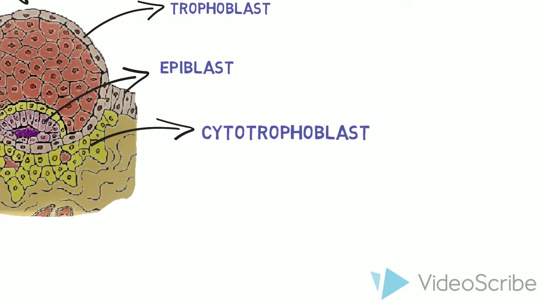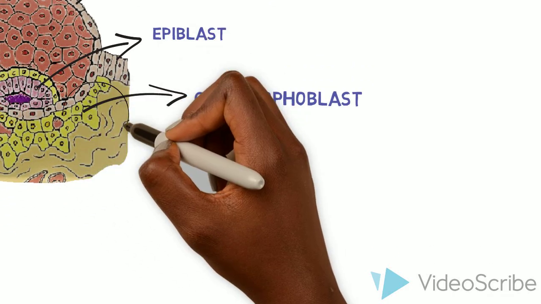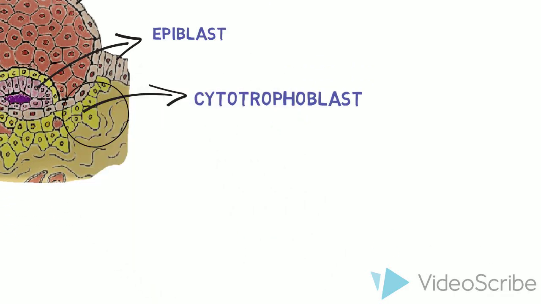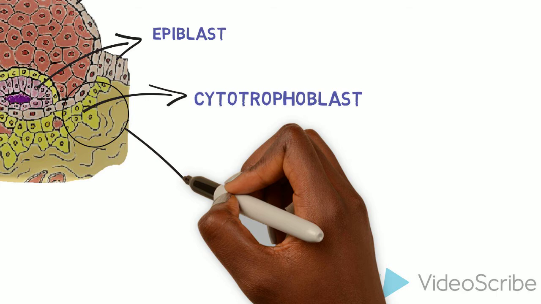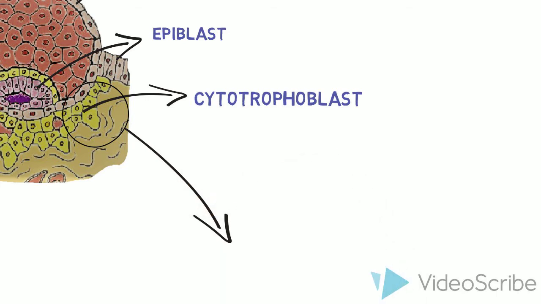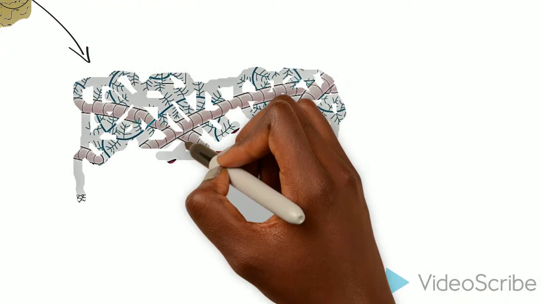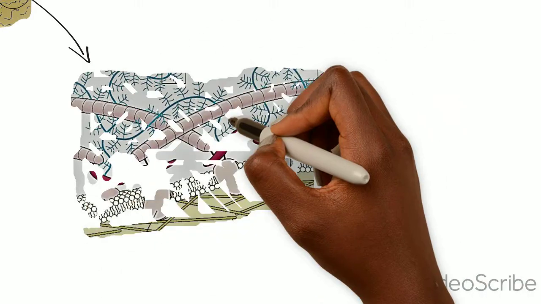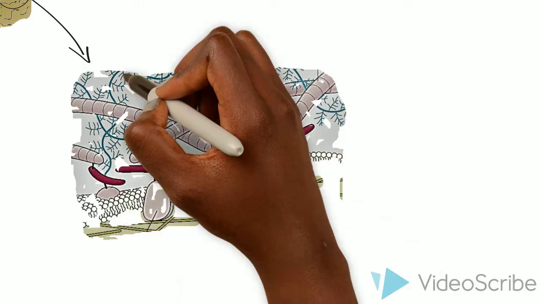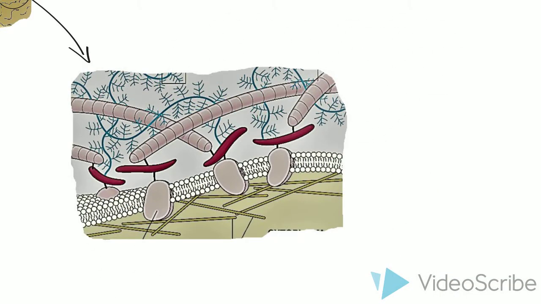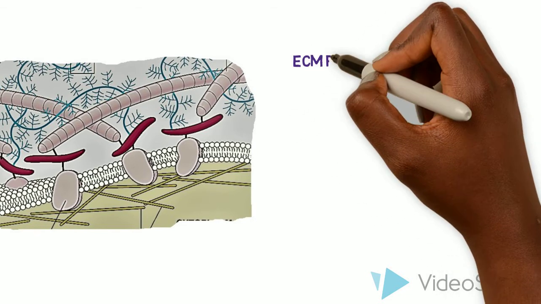So here we'll look closer at this interaction between the embryo and the endometrium. And since we're talking about ECM degradation, or more specifically ECM remodeling, let's look at the matrix and some of its associated proteins.